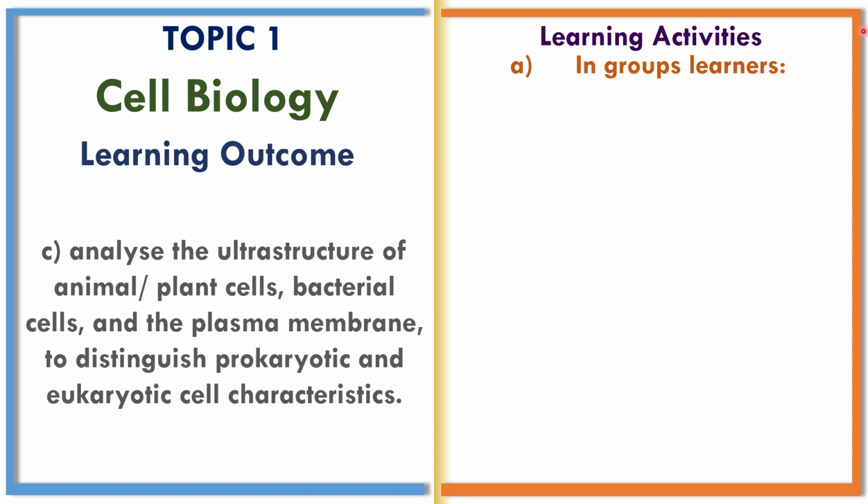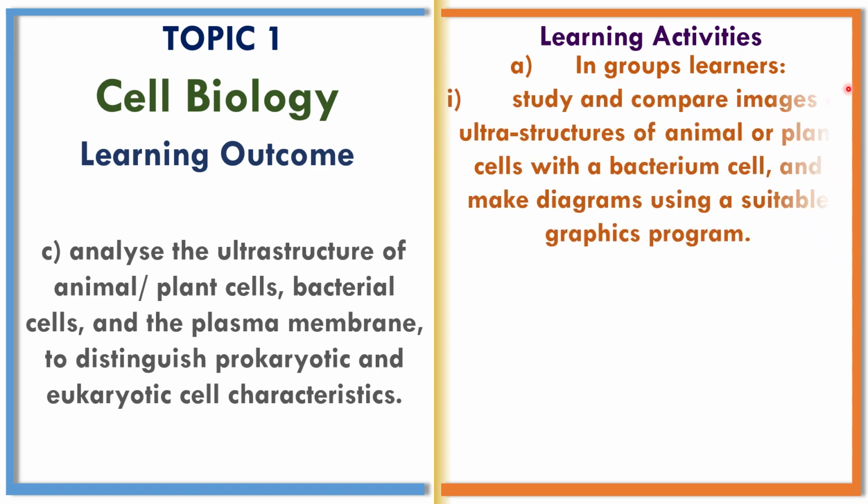We are looking at learning activity A. In groups, learners search, study, and compare images of ultrastructures of animals or plant cells with a bacterium cell and make diagrams using a suitable graphic program.